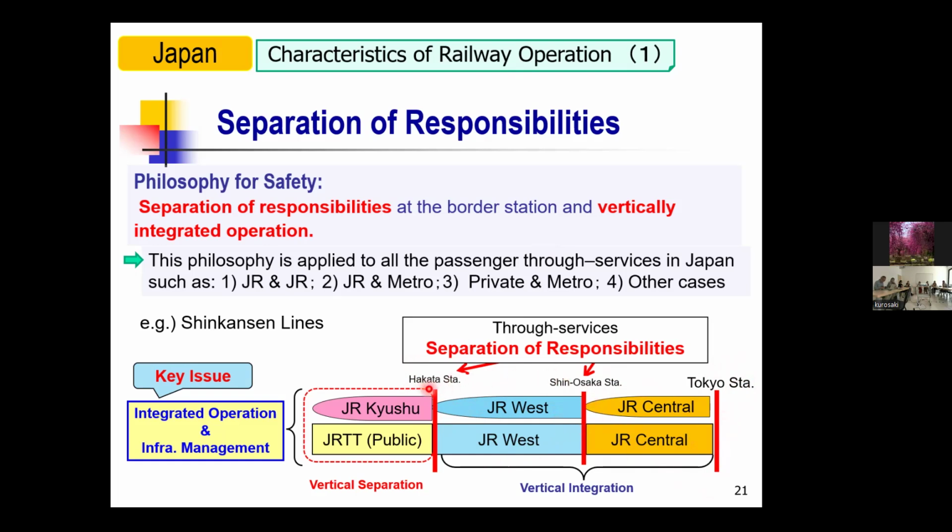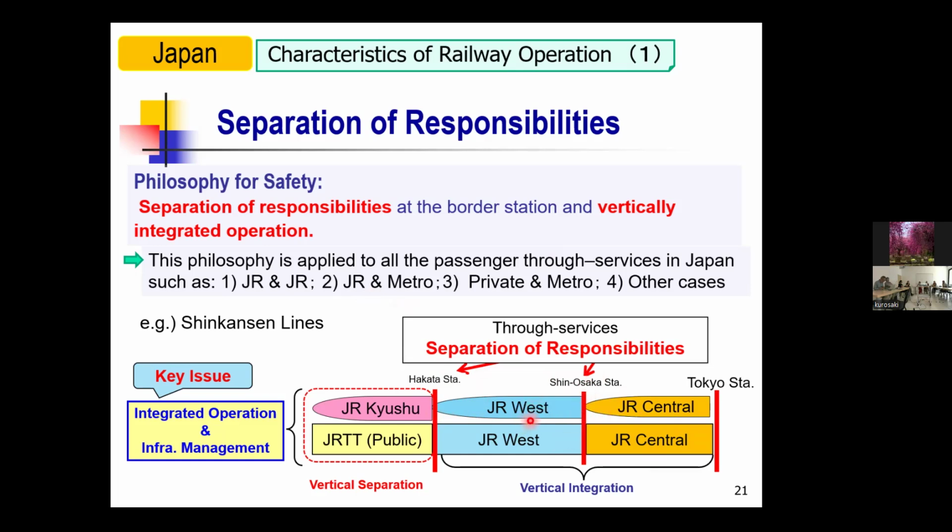This means that in each section, a single company takes all the operational responsibilities by vertical integration between operation and infrastructure. In order to realize this integrated operation, even in the case of through train services, we separate responsibilities of train operation between the two companies.